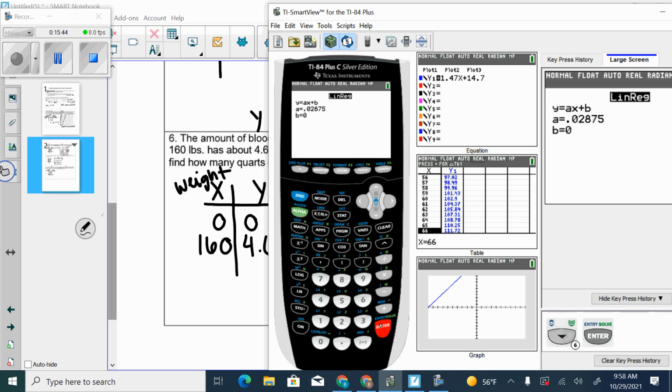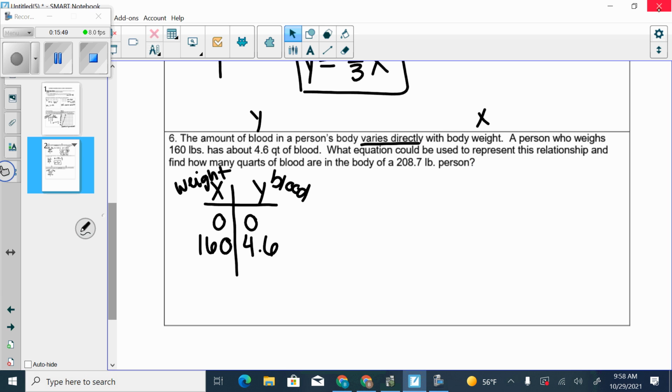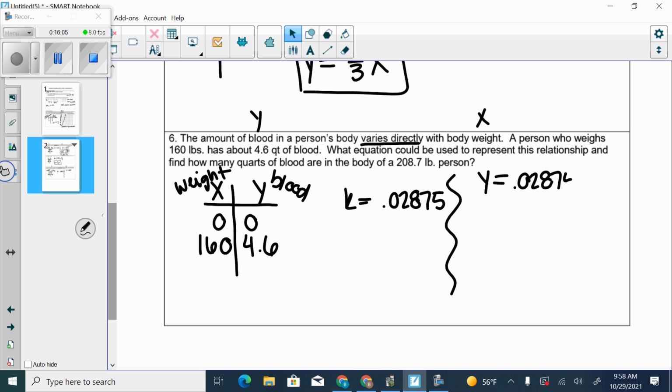And we get 0.02875 for our K. K is equal to 0.02875. So, if I was to write this as an equation, we would have y equals 0.02875x. And they're wanting us to figure out how many quarts of blood a person who weighs this much would have. Well, again, our weight is our x, so that means I need to take that and sub it in for x.